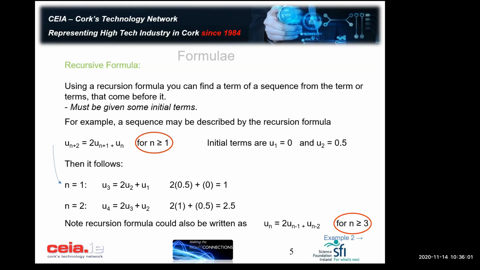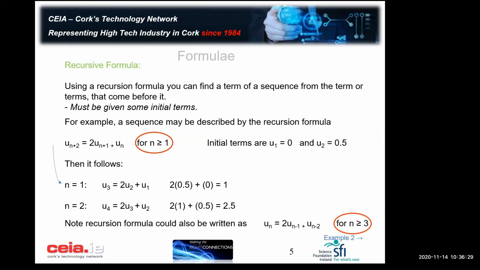Similarly, down at the bottom of the screen, where you see an alternative way to rewrite the formula as u of n is equal to 2 times u of n minus 1 plus u of n minus 2, you have to be careful that n never goes below 1 in the subscript. For instance, the lowest term in that formula is u of n minus 2.